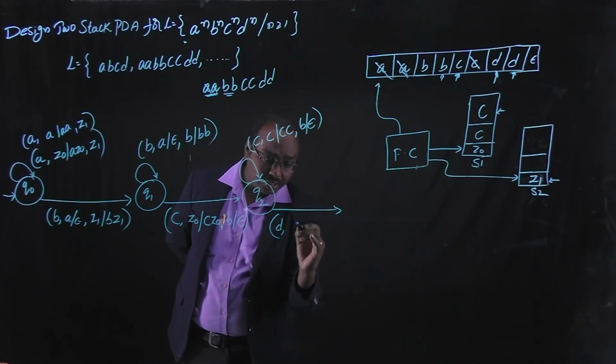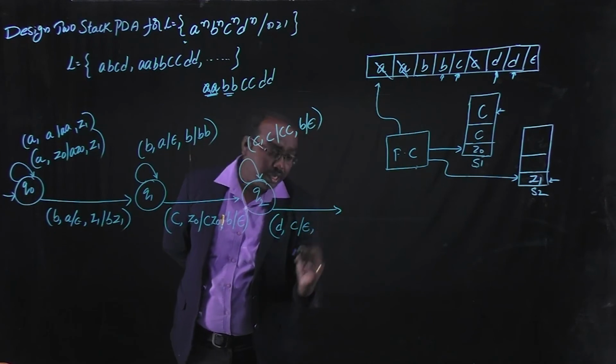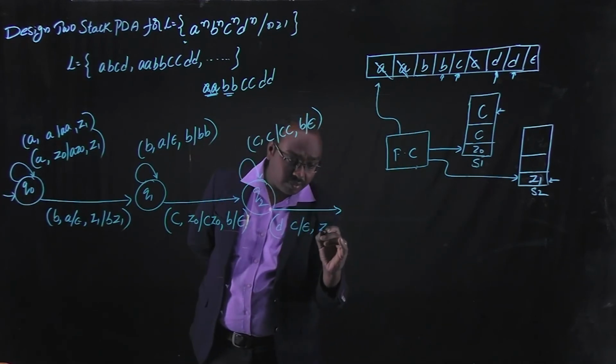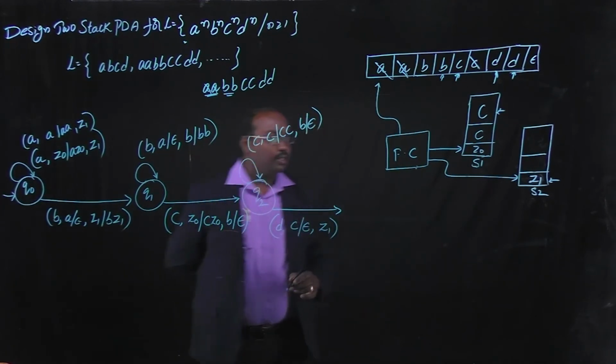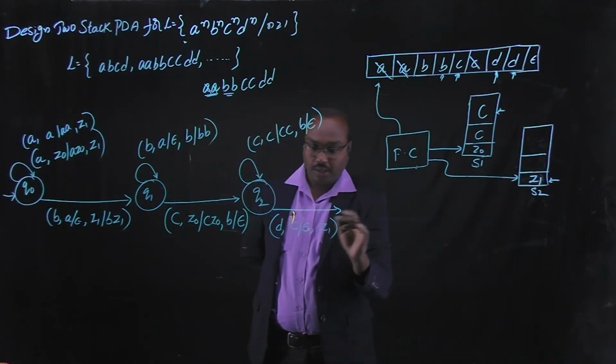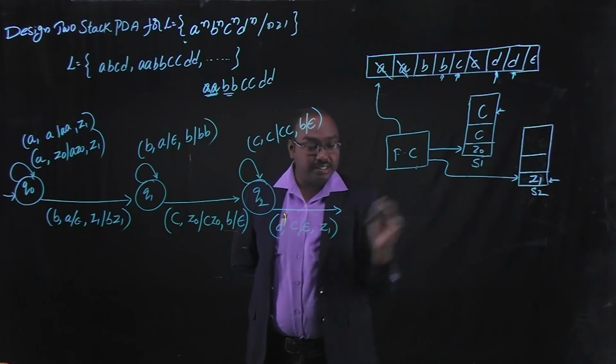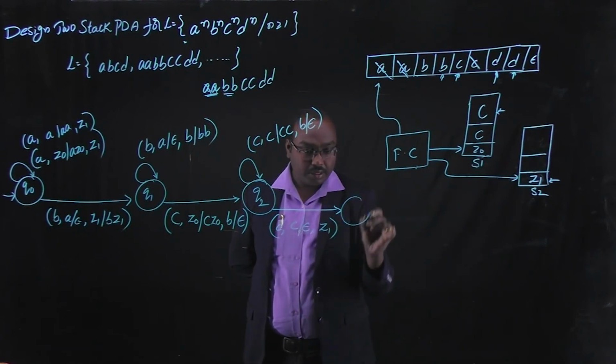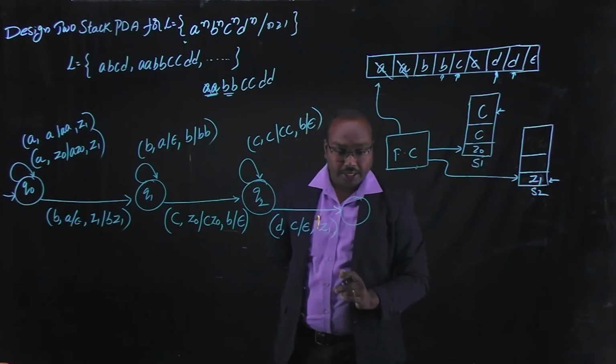That means C is removed, and Z1 stays Z1. We leave that second stack; it should already be empty.